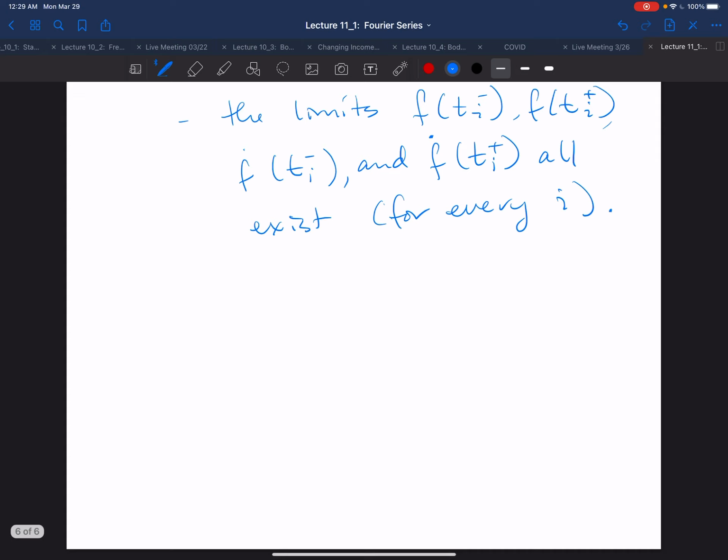These are called piecewise smooth functions. And the set of all these piecewise smooth complex valued functions on the interval from minus capital T over 2 to capital T over 2 forms a vector space.